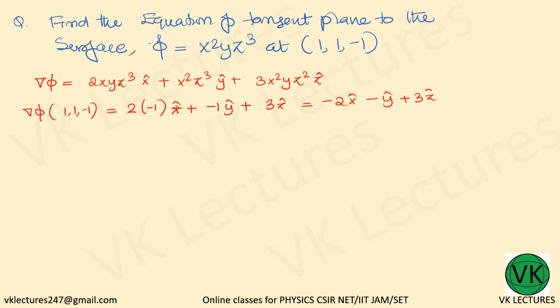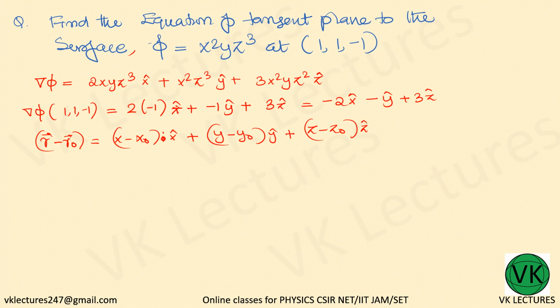Okay, now that's about del phi. Now we need a point x minus x naught. So r minus r naught is equal to x minus x naught x cap plus y minus y naught y cap plus z minus z naught z cap.